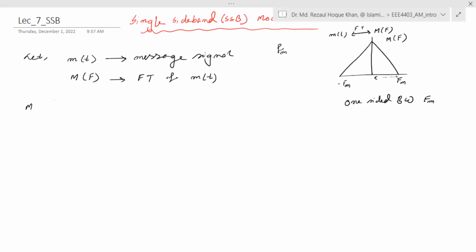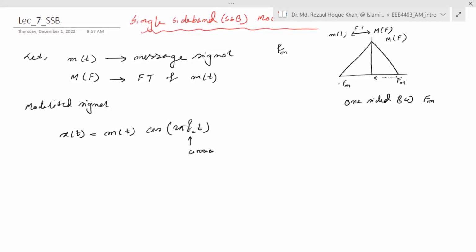The modulated signal x(t) is nothing but m(t) cos 2 pi f_c t. Here f_c is the carrier frequency, right?